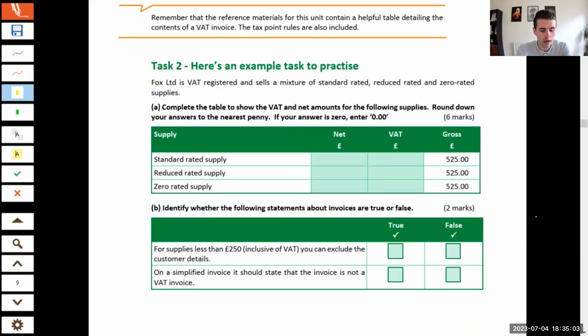It's not too bad. Box Limited is VAT registered and sells a mixture of standard rated, reduced rated, and zero rated supplies. Complete the table below to show the VAT and net amounts for the following supplies. Round down your answers to the nearest penny.